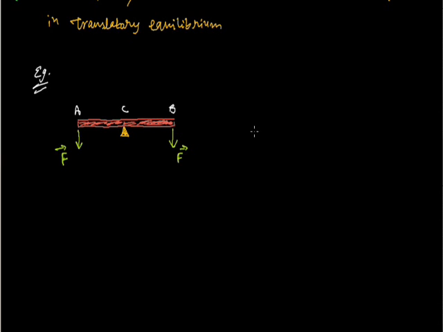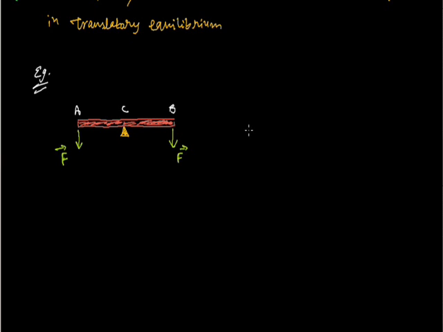So the rod will not try to rotate either clockwise or anticlockwise. But there is a net force acting on the rod in the downward direction, since the force at end A is acting downward, and also the force at end B is acting downward.